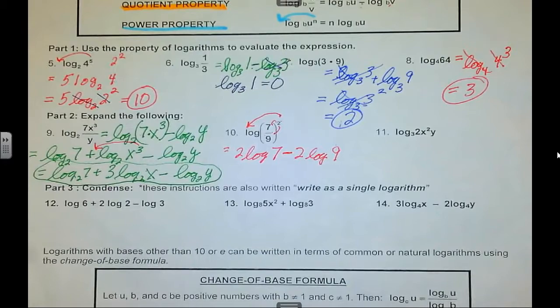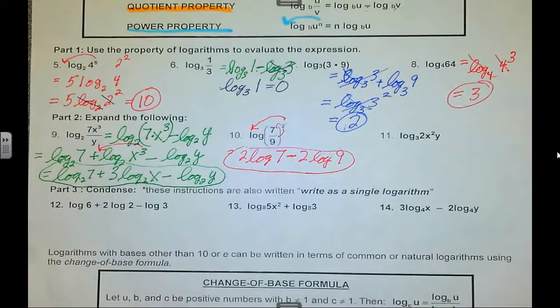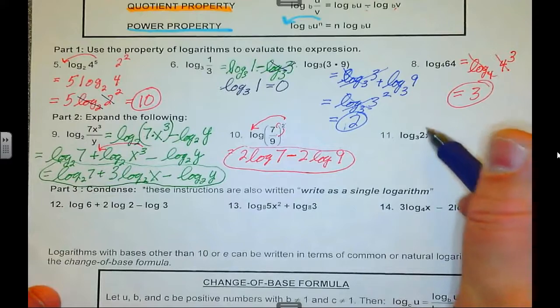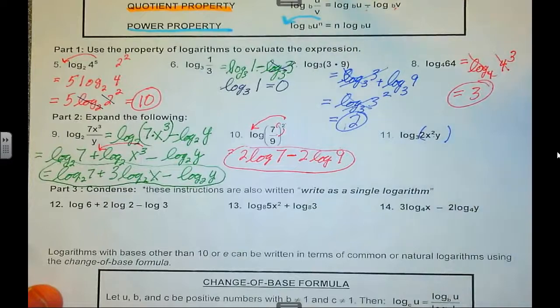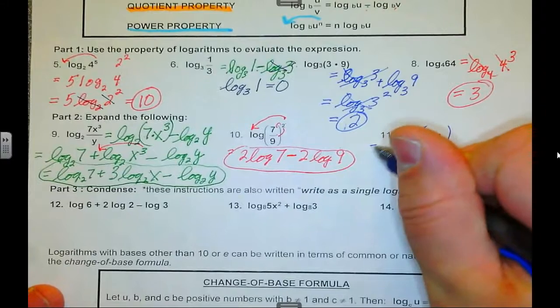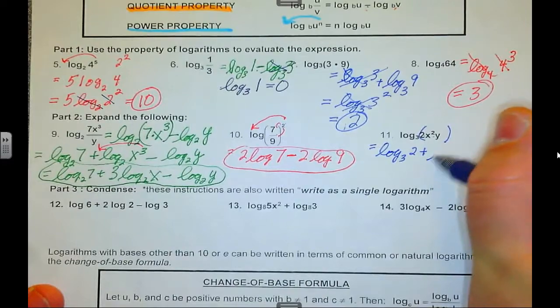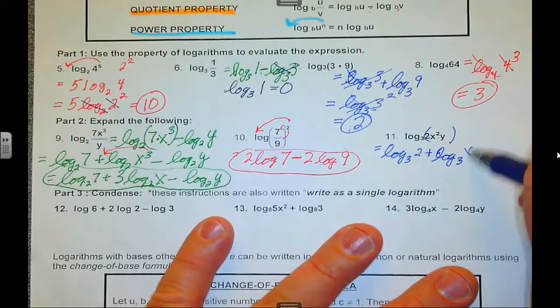Okay? And the last one. Let's see, I have multiplication, right? So I'm going to use the product property, separate each number by addition. So I have log base 3 of 2 plus log base 3 of x squared plus log base 3 of y.